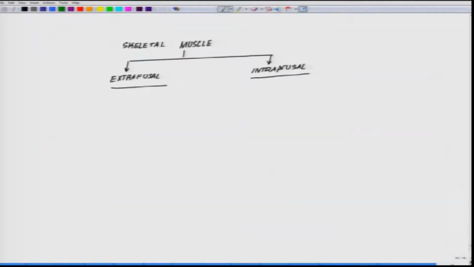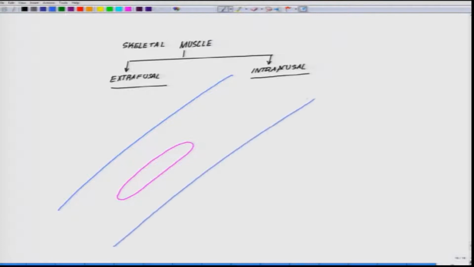If this is your muscle spindle, which we are representing as pink, and this is the extrafusal muscle, and the sensory neuron wrapping is shown in red on the muscle spindle, and this is the sensory neuron carrying the signal to the spinal cord.